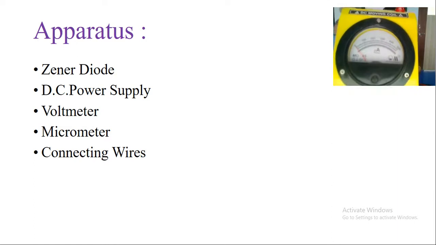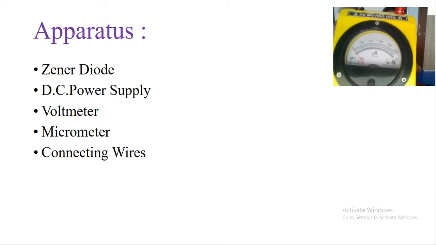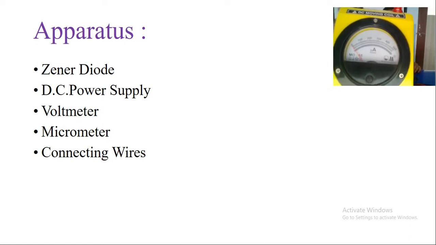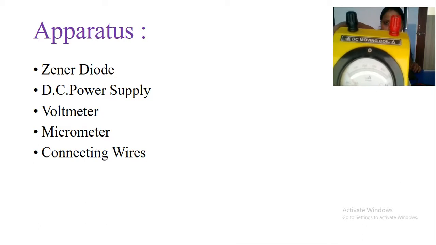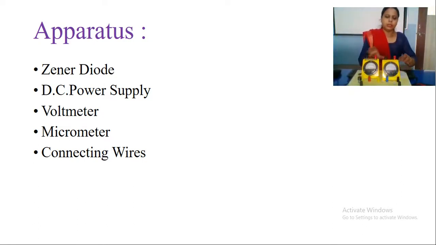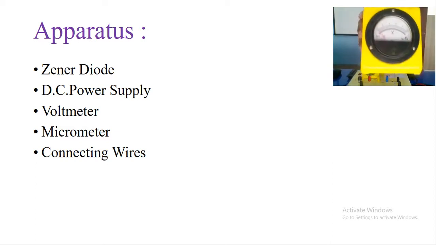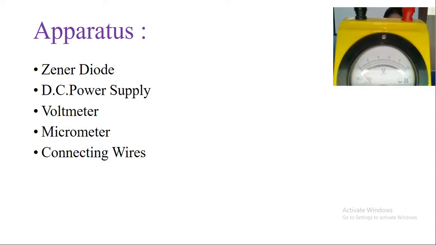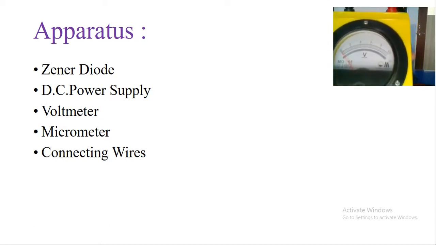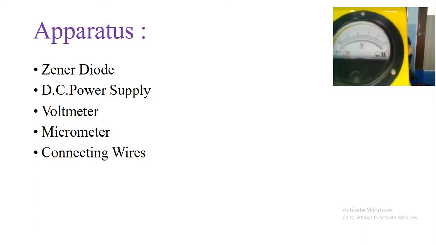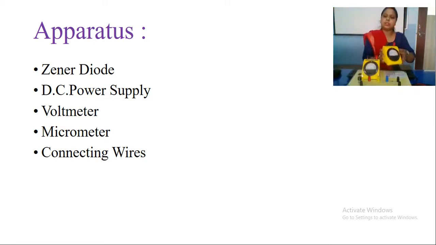As you can see here, this microammeter has a reading from 0 to 500 microampere, and these are the positive and negative terminals. Then this is the voltmeter, a 0 to 10 volt voltmeter. So the range of this voltmeter is 0 to 10 volt, the range of this microammeter is 0 to 500 microampere, and we will require some connecting wires.